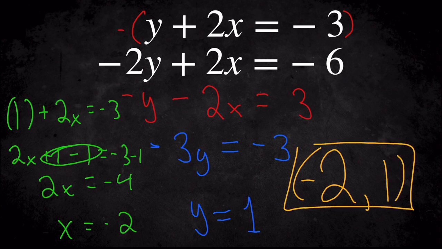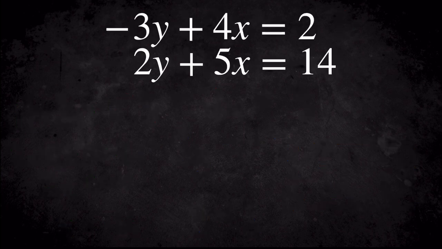Now for our last problem, we have negative 3y plus 4x equals 2 and 2y plus 5x equals 14. These equations are already both in standard form. But we see here none of the coefficients are the same, not even with the same sign.